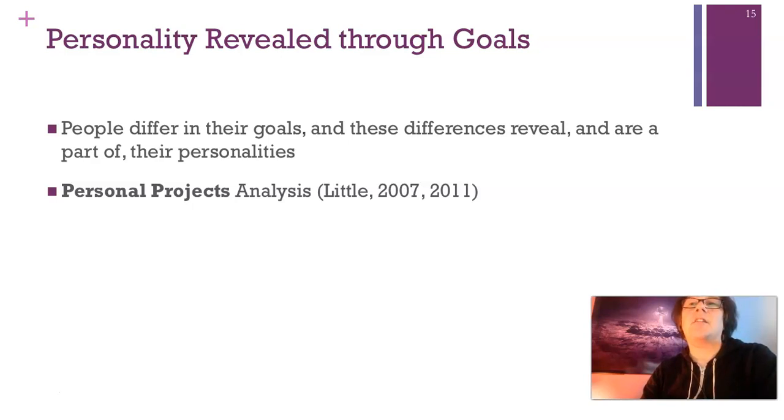And essentially what Little was able to find was that overall happiness that people experience is most related to feeling in control of one's personal projects. In other words, feeling in control of one's personal goals, or the path that you're on to reach your goals.